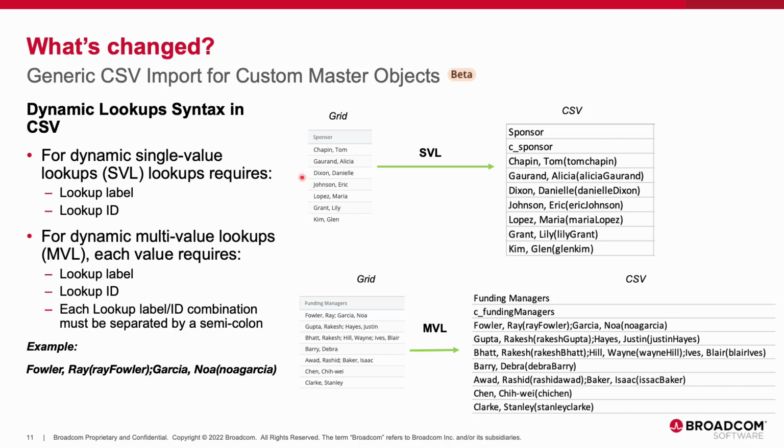When you export this out using the export import option, it'll export that as well. If you look at the one for the single value lookup, this is how it displays on the grid. If you choose the export import option and export it out, it will export the label here, Tom Chapin, and also within parentheses the ID for Tom Chapin as well.